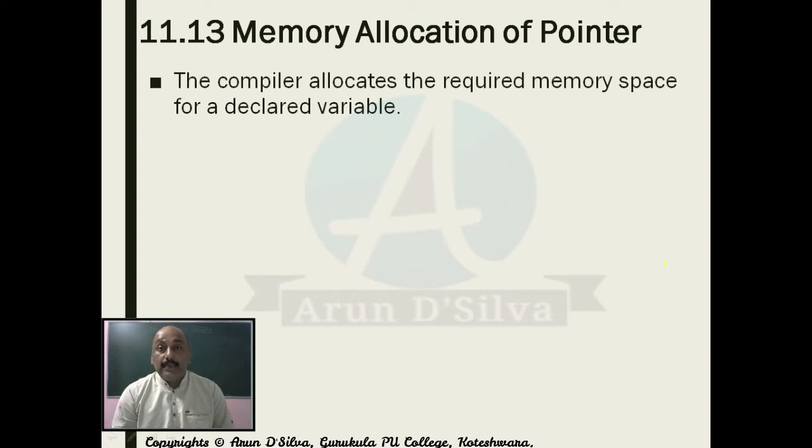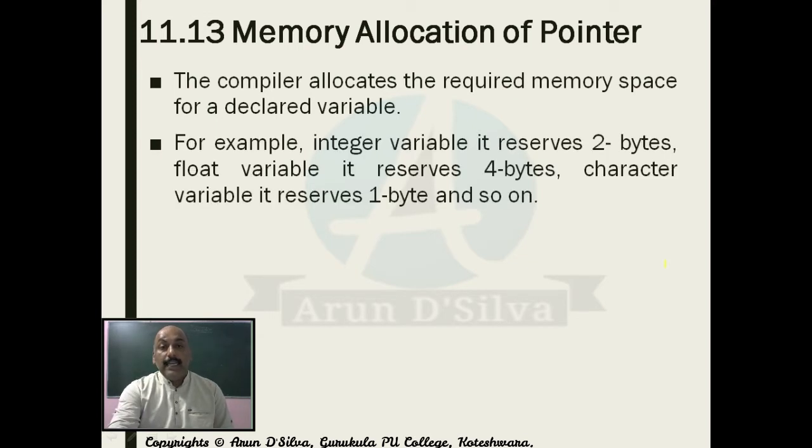If it is a float type, then 4 bytes of memory will be allocated. If you are using an integer array of size 10, then 10 into 2, 20 bytes of memory will be allocated.